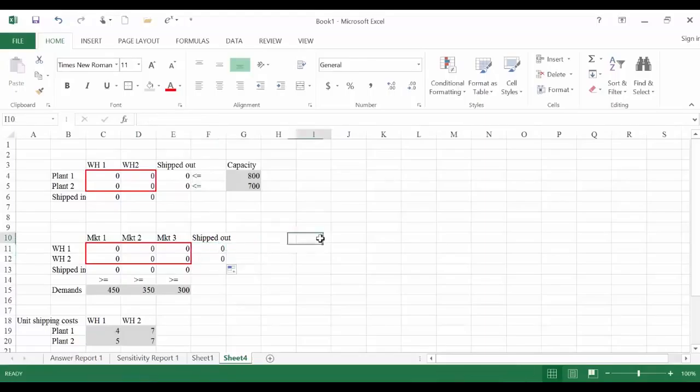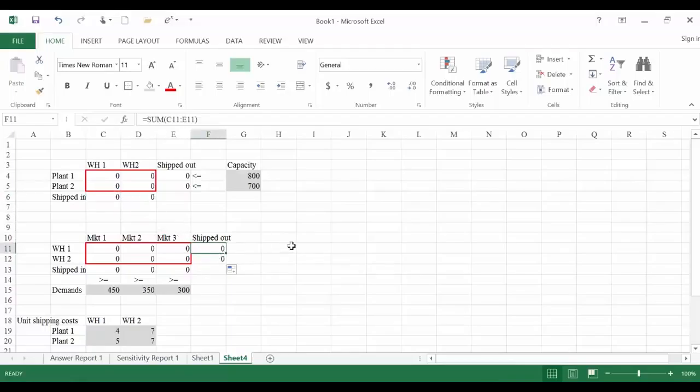The constraint is that the total shipped into warehouse 1 should be set equal to the total amounts shipped out from warehouse 1 to 3 different markets. And of course, you can relax that to be the amount here larger than or equal to the amount here. But generally speaking, if we try to ignore the storage cost, then we simply say these two values are equal.